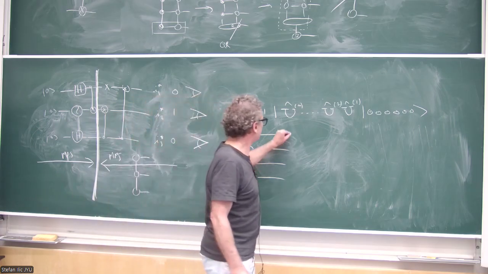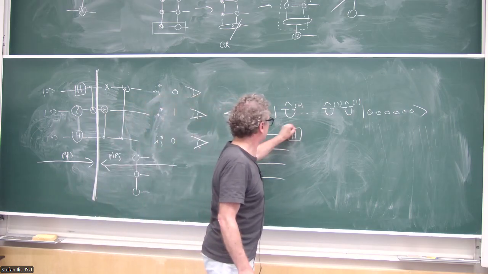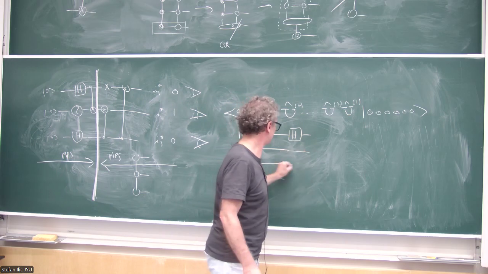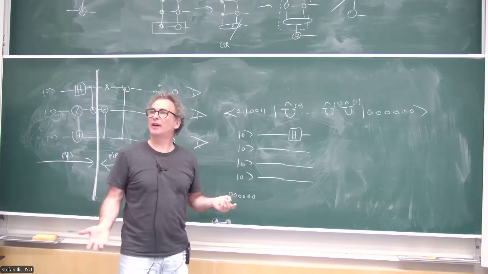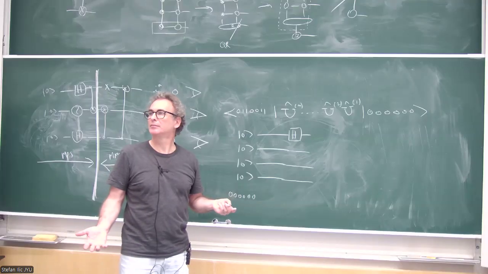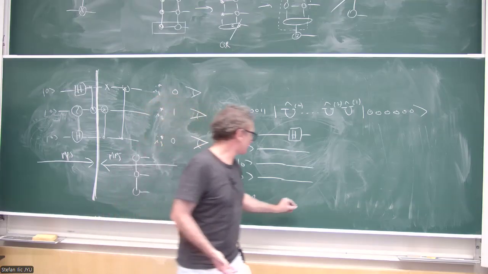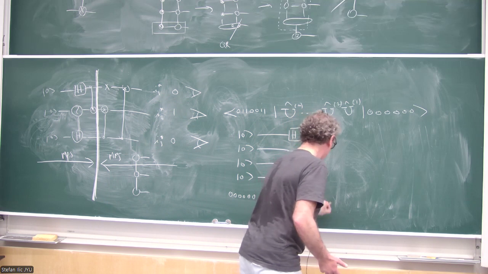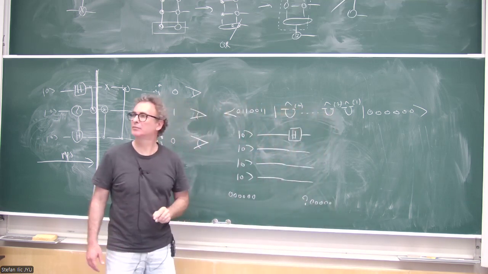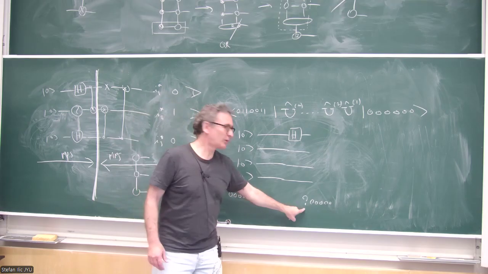Now I apply, let's say, a Hadamard gate on the first one. And I'm using the fact that the Hadamard gate only changes the first qubit. So I know that my sample finishes by 0, and only the first qubit can change.